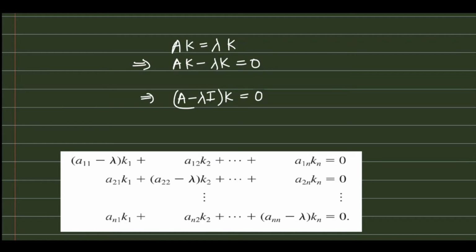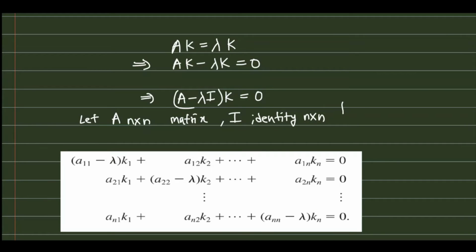Lambda is a number, so I must write lambda times I, where I is an identity matrix, and its order will be the same as the order of the matrix A. Suppose A is an n by n matrix, so I will also be an identity matrix of order n by n.